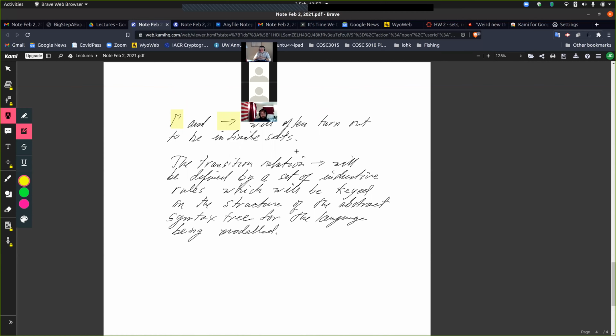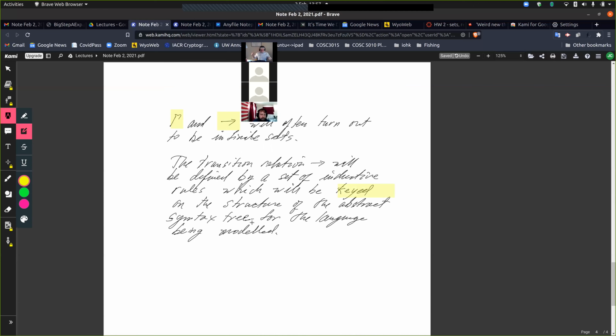The way that we're going to do that is we're going to define an inductively defined relation that gets keyed off the structure of the abstract syntax tree.